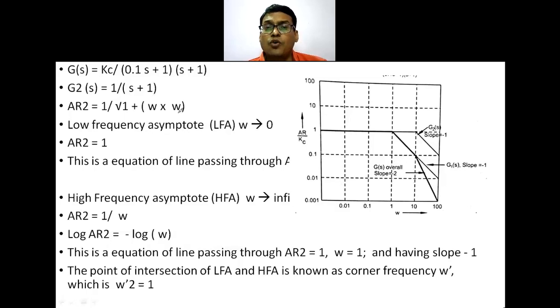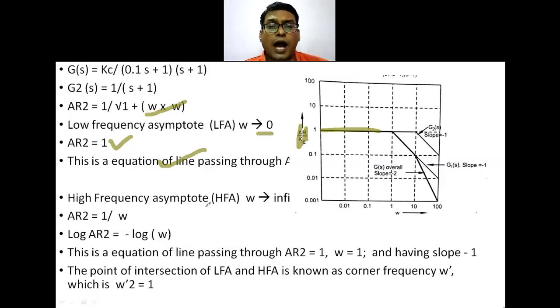Again the low frequency asymptote, omega tends towards 0, so the amplitude ratio comes as 1. So I am again plotting the amplitude ratio as 1. That means this is the equation of a line passing through amplitude ratio equal to 1.